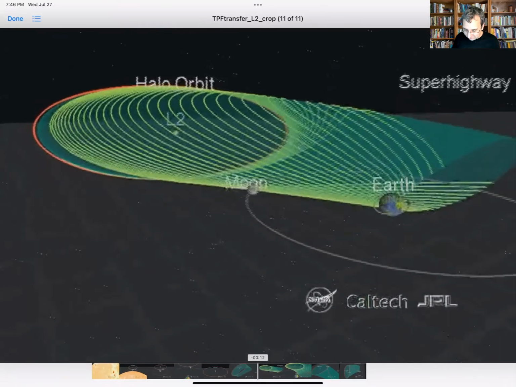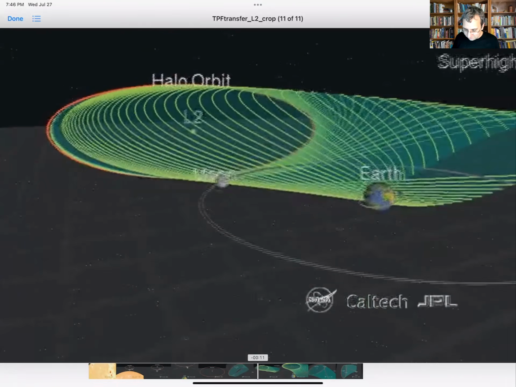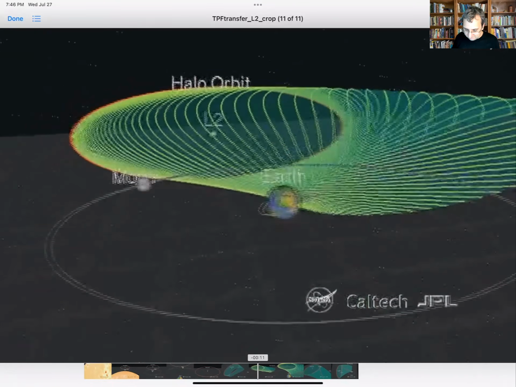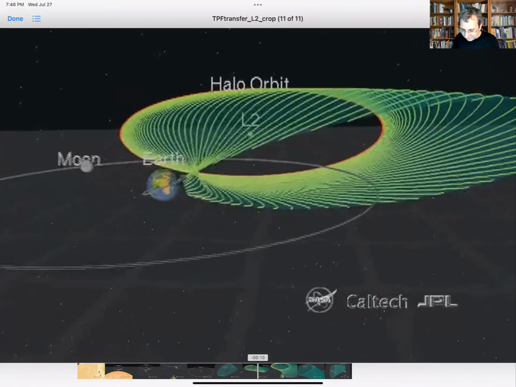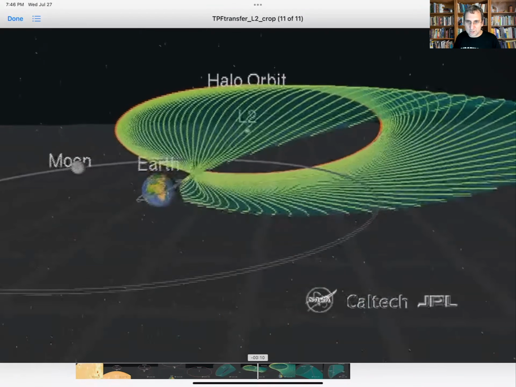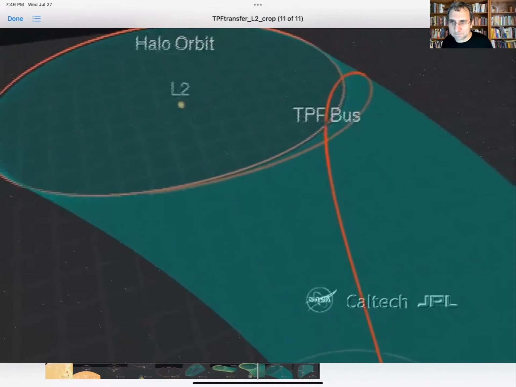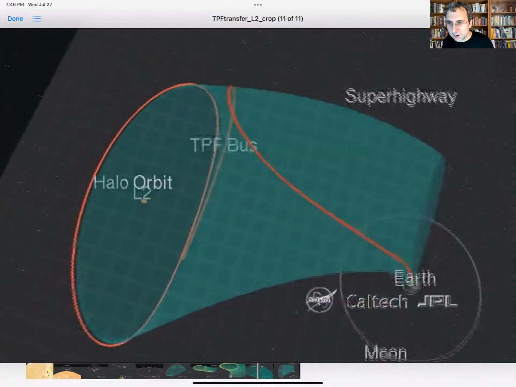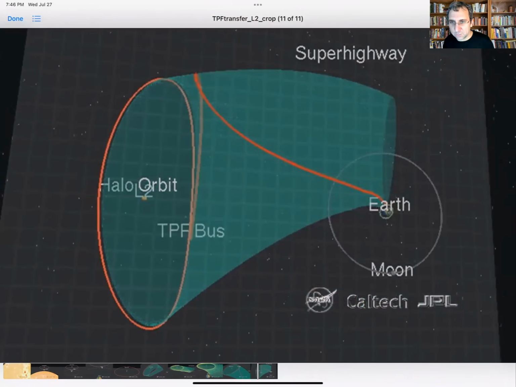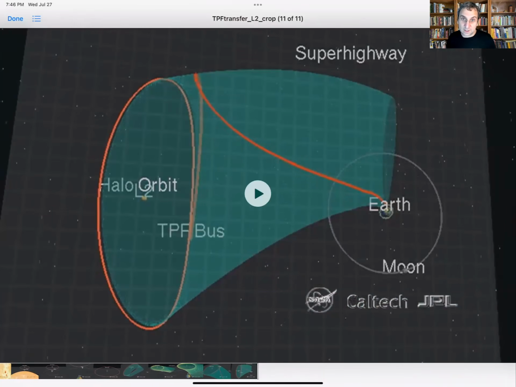Things are exaggerated here, like the Earth really isn't that big, but you'd want to pick the part of the halo stable manifold that comes close to the desired LEO orbit, and then you just do one burn, and this would take you onto that orbit.